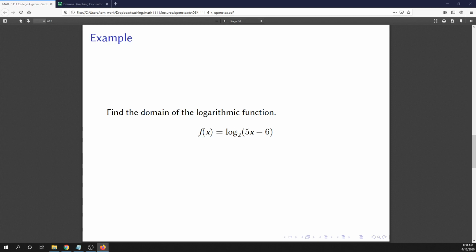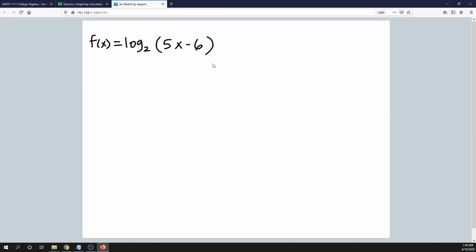Okay, so f of x is log base 2 of 5x minus 6. They are asking us to find the domain of this function.